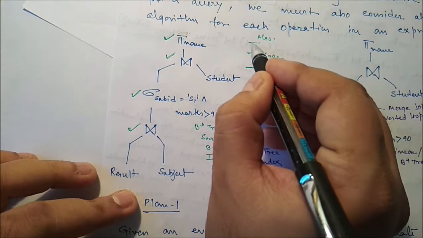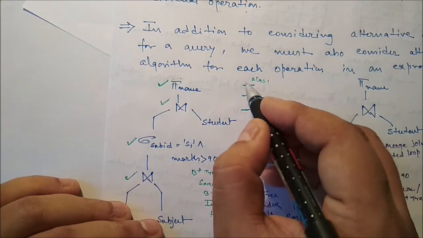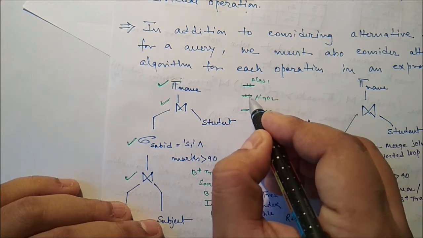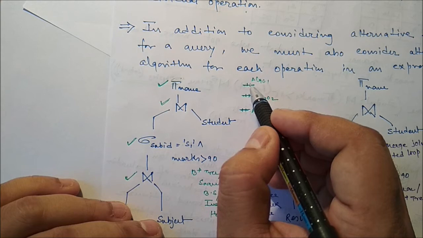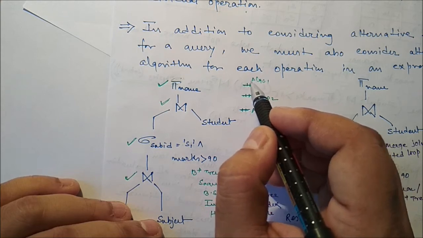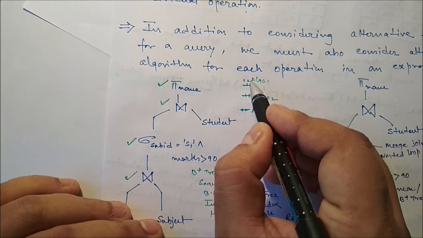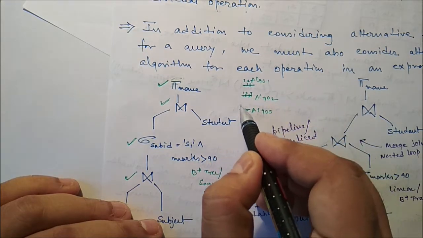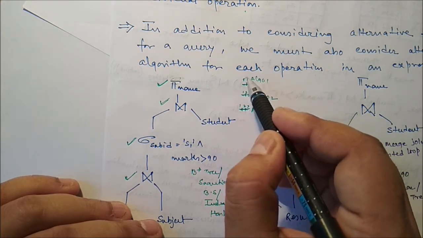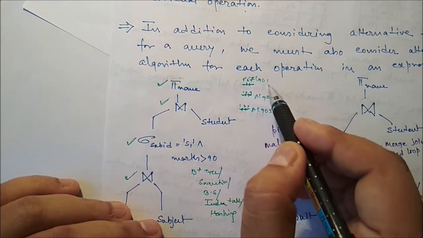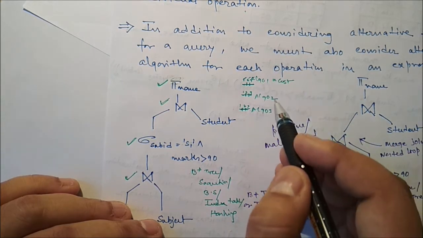For each algorithm, say three operations are there, 1, 2, 3. For each and every operation we have to take the worst case complexity, then take the total cost.